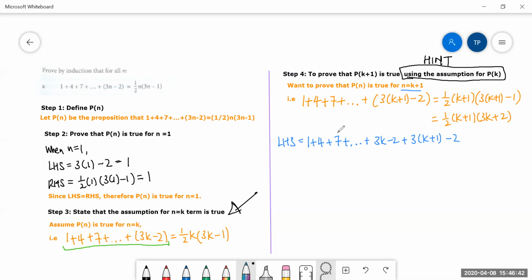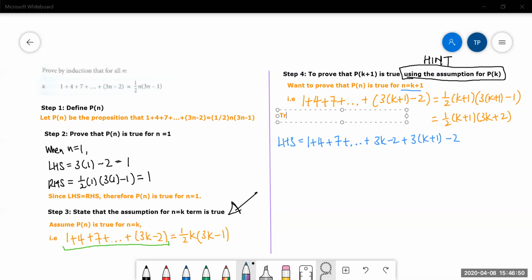So when we want to prove this question, the trick here is to have to show the k term.